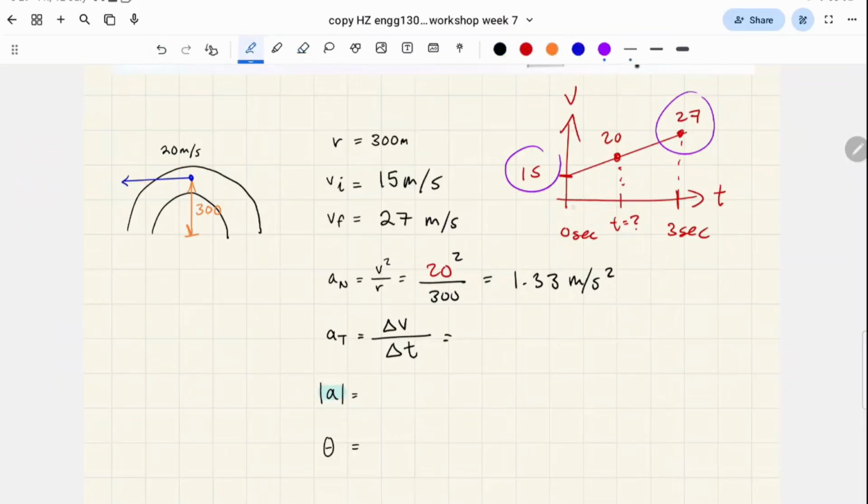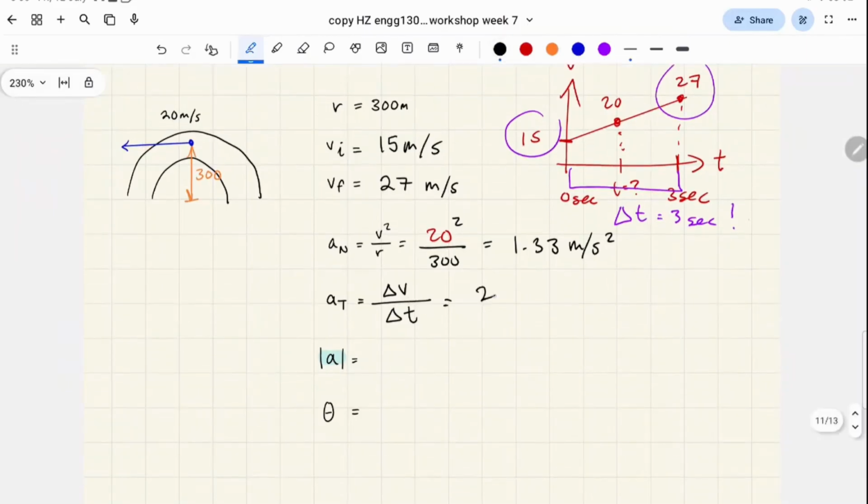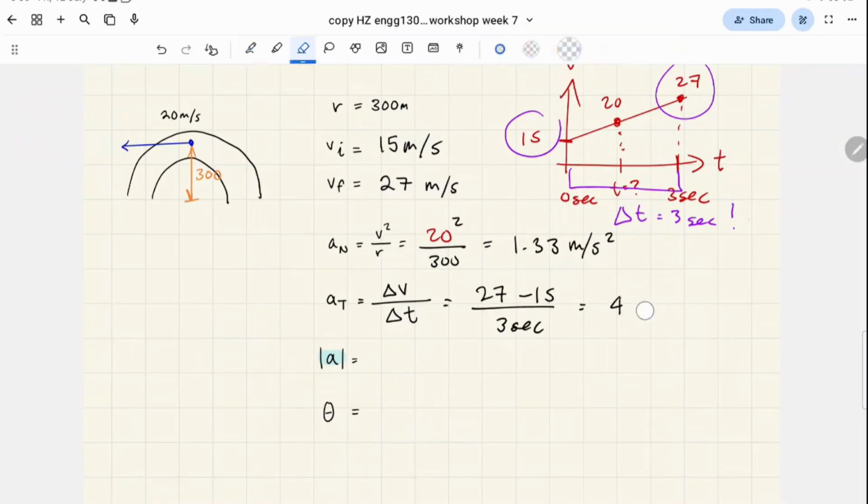But we do know that delta t here is 3 seconds. So we take those 2 values, because that will give us the correct slope. So it's 27 minus 15 over 3 seconds. That's the tangential acceleration.